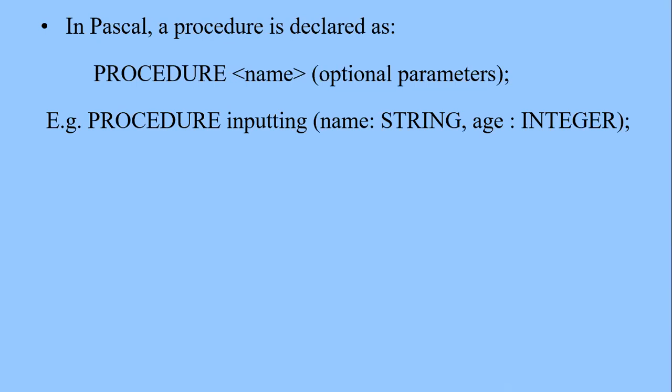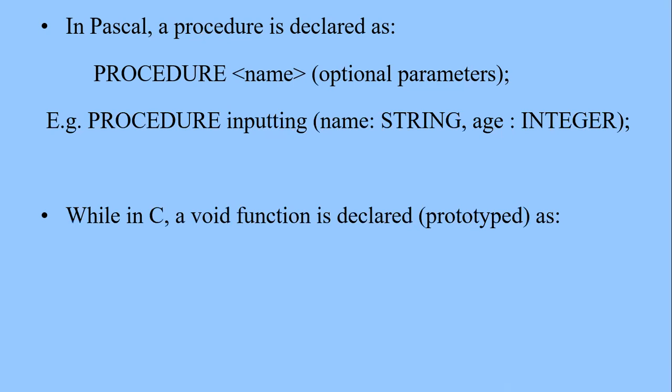Then opening parentheses, or what we call the left parenthesis, and then we have our first parameter, name, which is of type string, and then age, which is of type integer, with the closing parenthesis or the right parenthesis, and then semicolon.